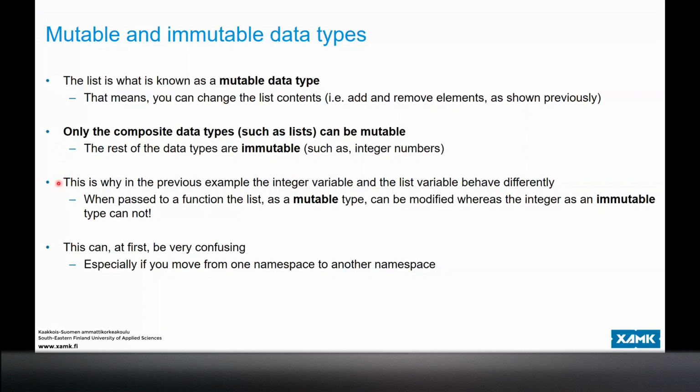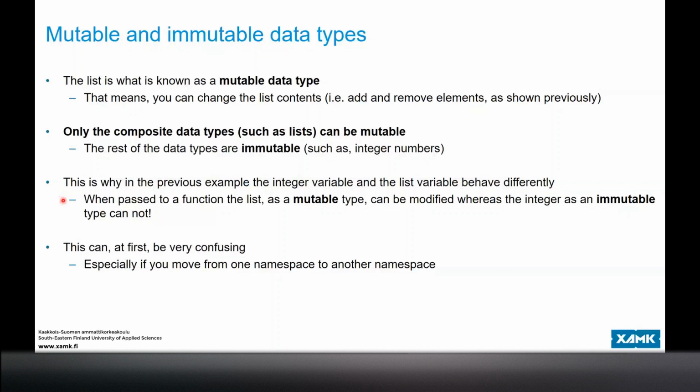So this is why in this example, the integer variable, when we passed it to a function that tried to change the value of it, the value in the main program didn't change, but the list behaved differently. So we were able to add something to the list.